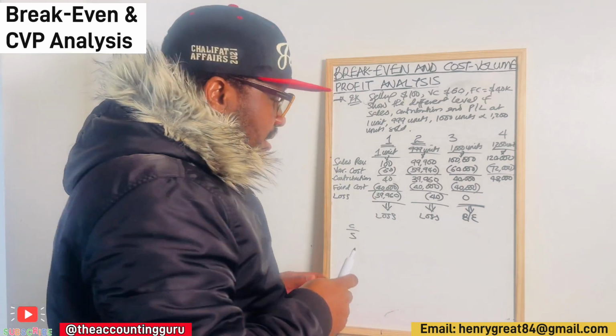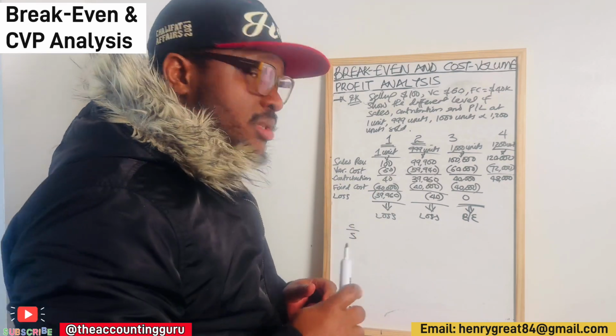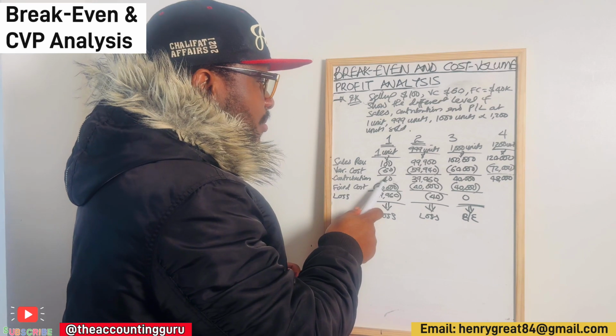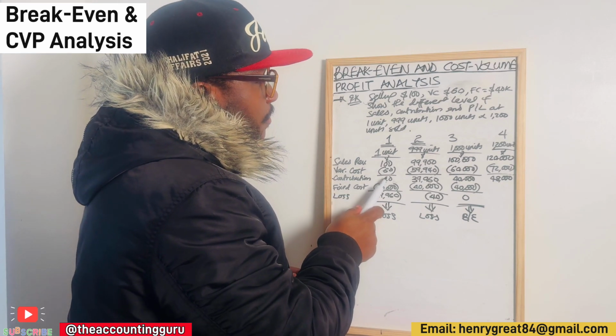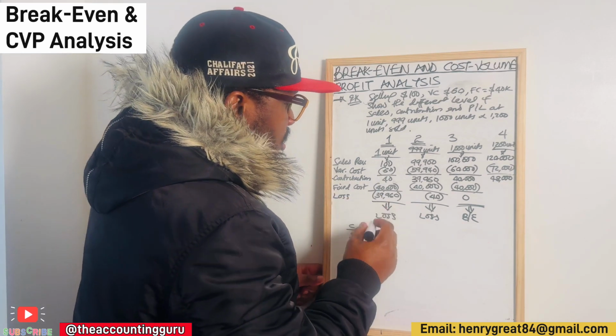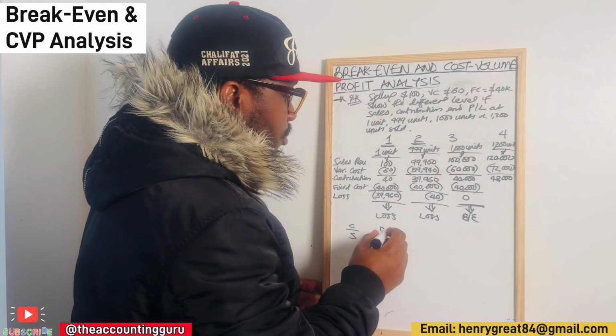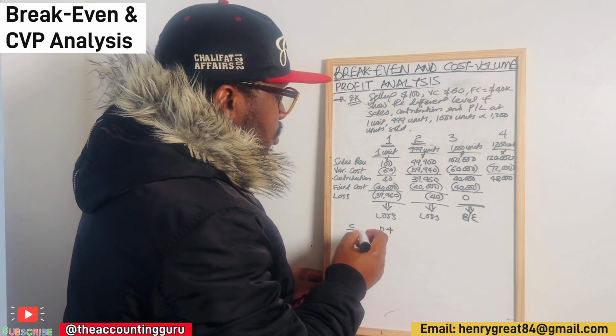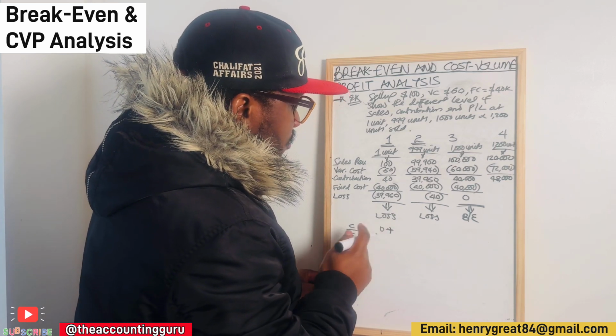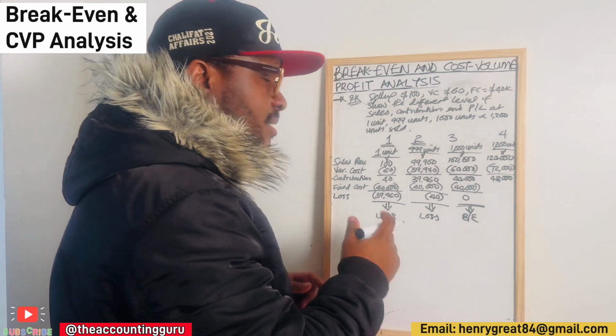Please don't forget that CMR, or contribution to sales ratio, means contribution divided by sales, which means 40 divided by 100 would give you 0.4. All right. So this is the contribution to sales ratio at each level.